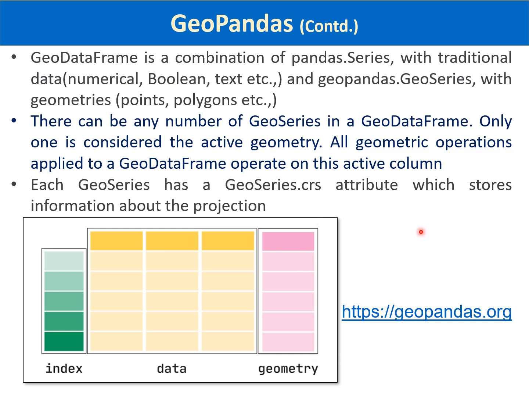Similarly, you can have various columns. At any time, one column is active. All geometric operations applied to a GeoDataFrame operate on this active column. Each GeoSeries has a geoseries.crs attribute. CRS is the short form for coordinate reference system. So it has an attribute which stores information about the projection system.